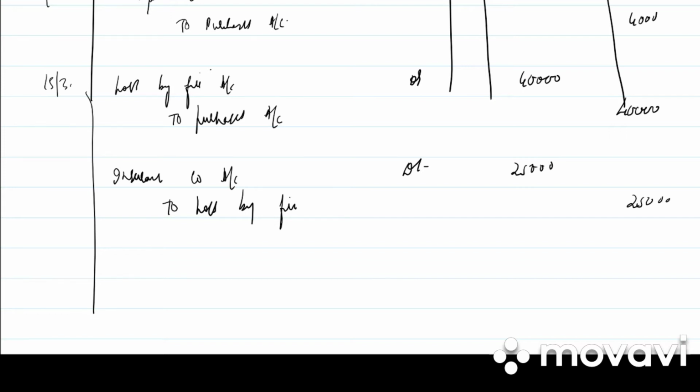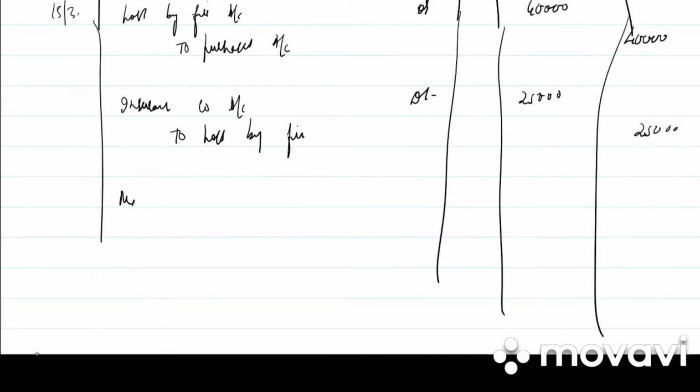Then on 22nd March we have a bills receivable for 10,000 endorsed to Mr. Mehta. So it is Mehta's account debited to bills receivable account. 10,000 debit, 10,000 credit. Write down the narration. Bills receivable endorsed to Mr. Mehta.